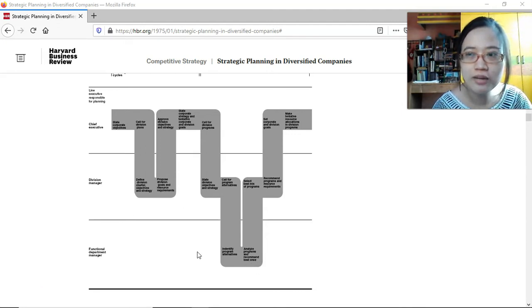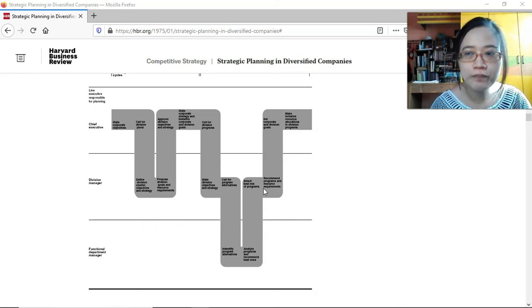Okay, kasi sila yung nakakaalam kung ano ba yung nangyayari talaga sa ibaba, kung ano yung pinagdadaanan ng mga tao, ano yung nagiging results ng operations. Sila rin yung nakakaalam kung, how does the customer base perceive yung kanilang products or services, ganyan. Okay, so kumbaga yung mga feedback nasa kanila talaga, okay? So after making the recommendations, etong si division manager, select best mix of programs. Hindi naman kasi required na isa lang, di ba, yung pipiliin.